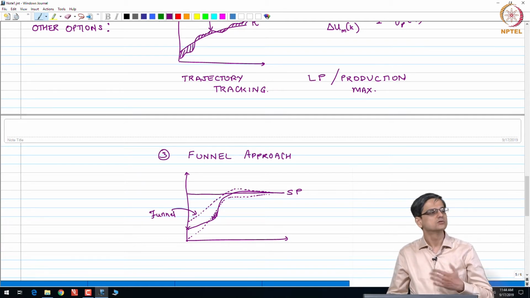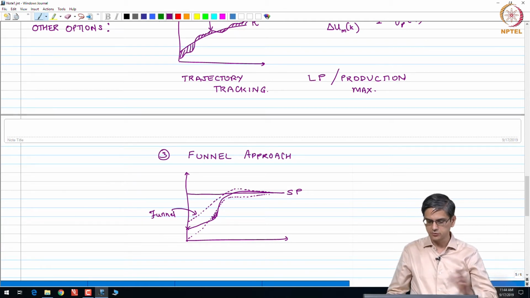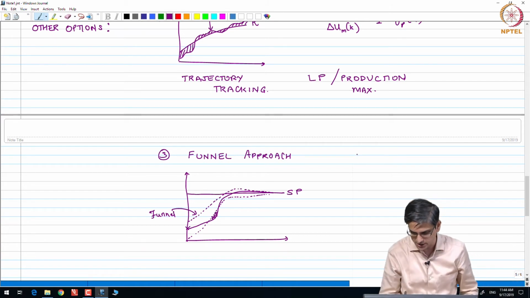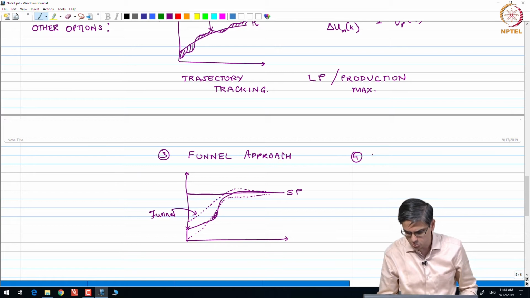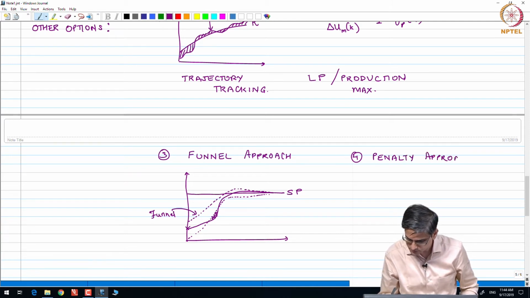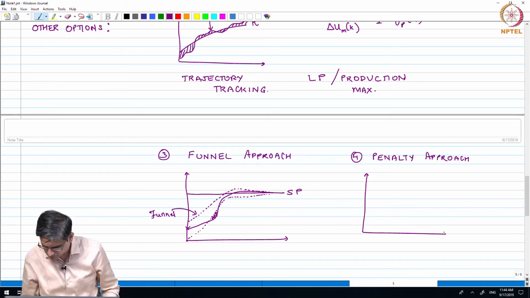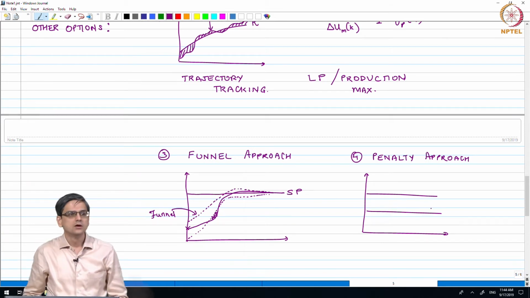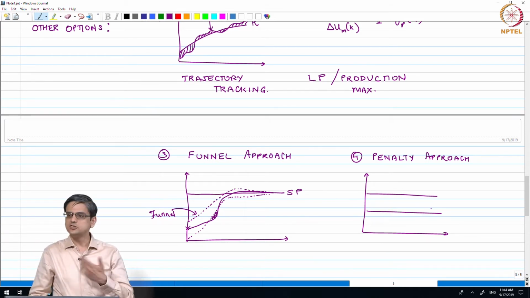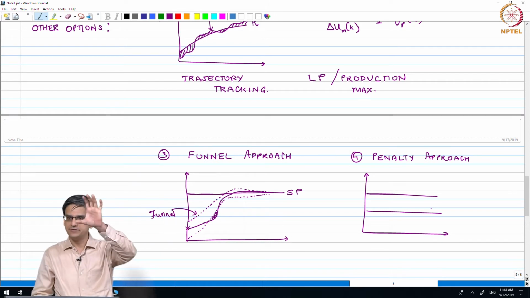There is no reason for you to necessarily choose one over the other, but there are other approaches. So, your aim is not a set point, but a band.